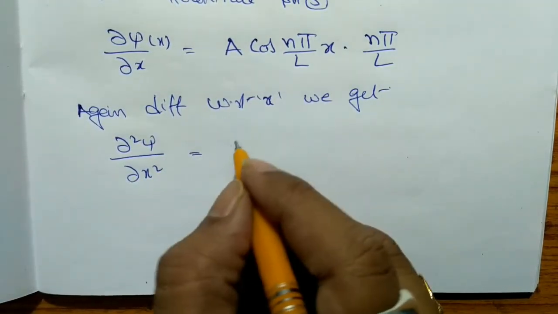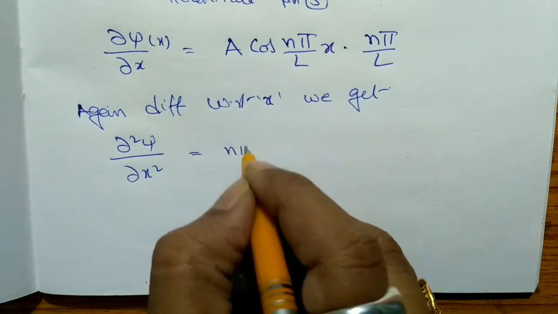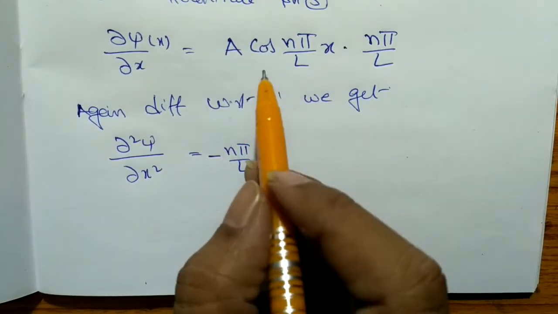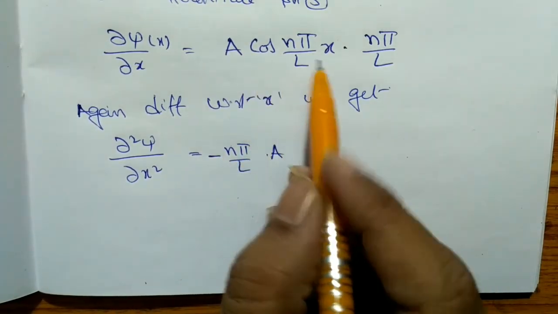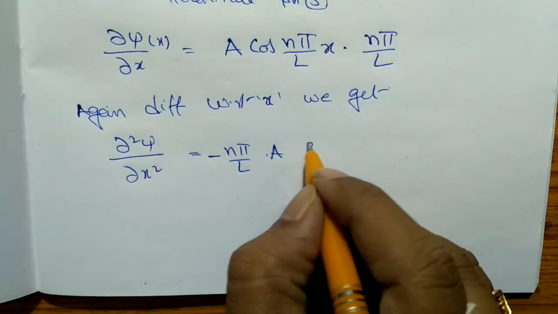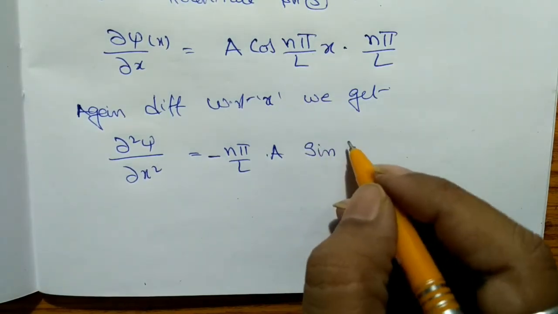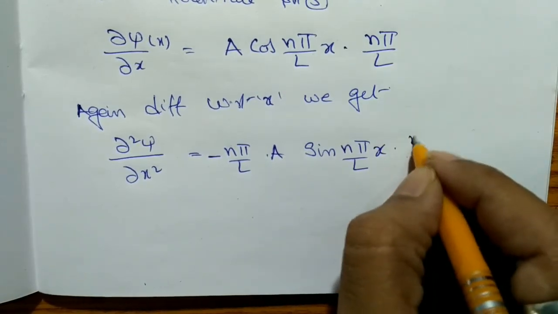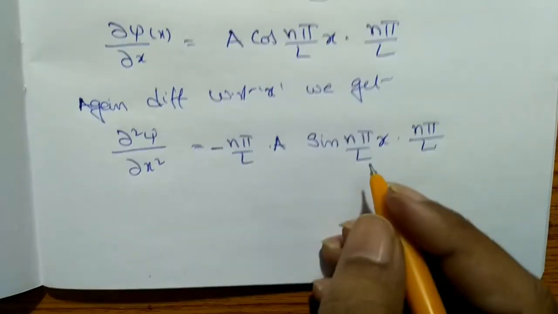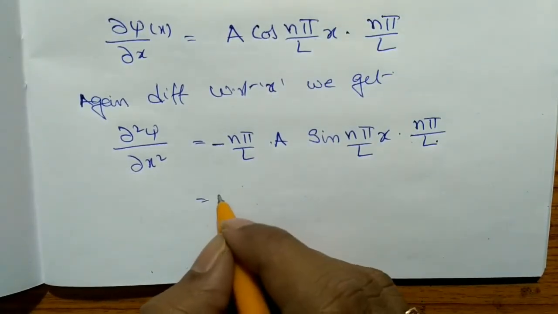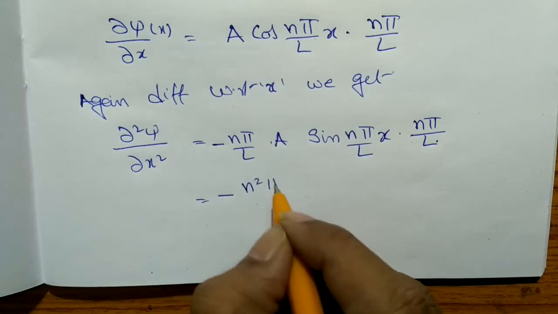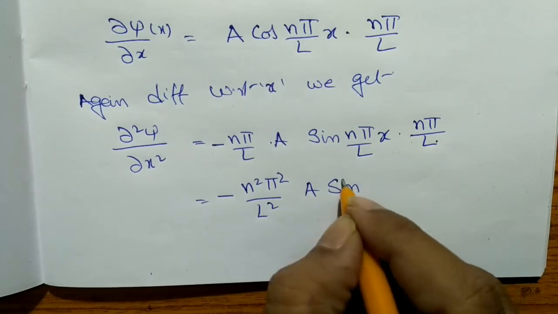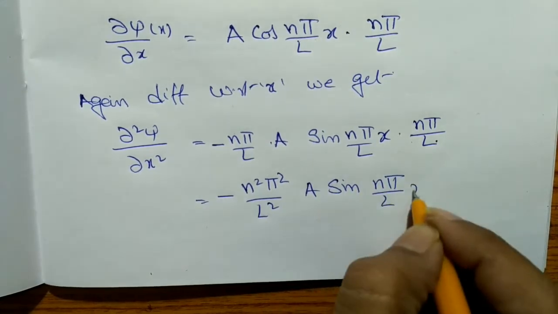It is equal to n pi by L into a, and the differential of cos gives negative sin, n pi by L into x into n pi by L. It is equal to minus n square pi square by L square into a sin n pi by L into x.